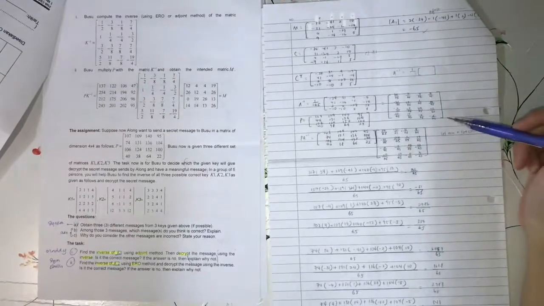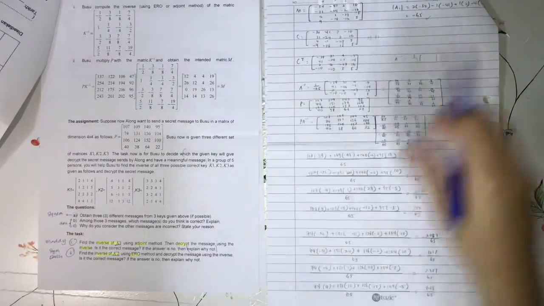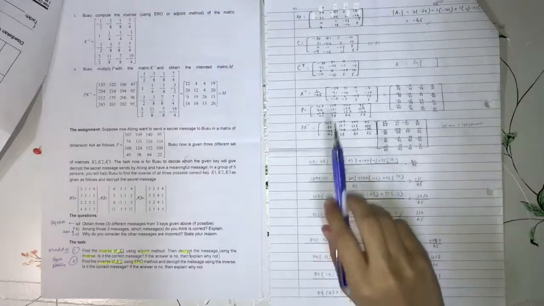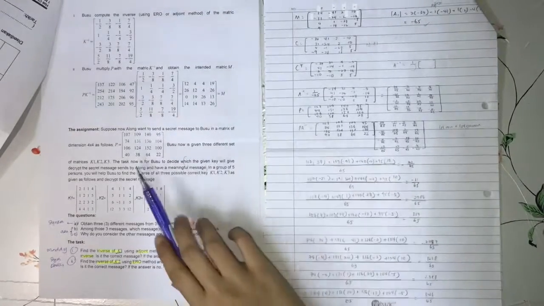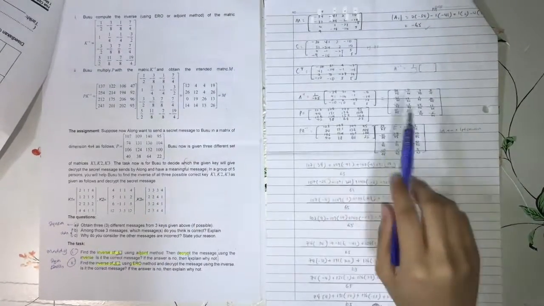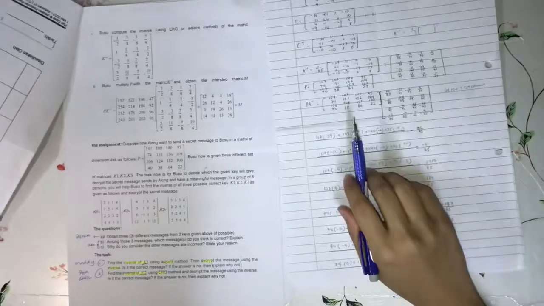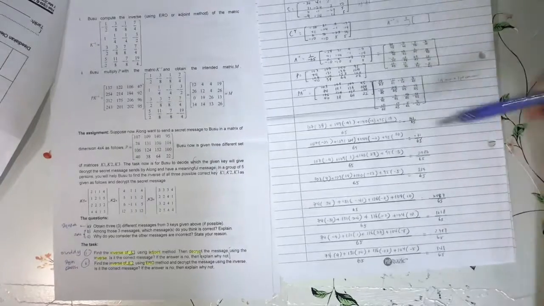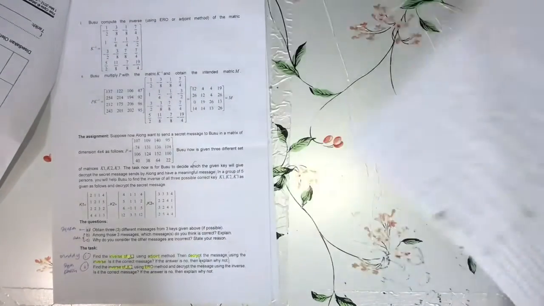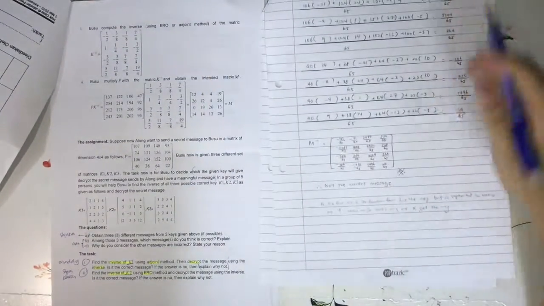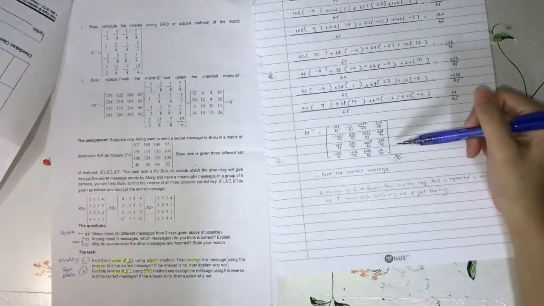But this is not the final answer, because we still have to use this P, which is given, to multiply with the inverse we found to get the message. Okay, so by multiplying first row, first column, and so on, you get the final answer, which is this.